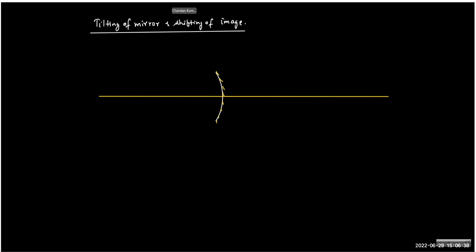So now the new principal axis is something like this, because the new position of the mirror is something like this.